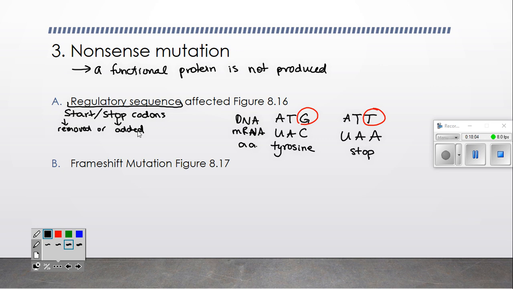Now the last one is called a frame shift mutation. In a frame shift mutation, we either insert or delete one nucleotide. When that happens, it causes every other nucleotide to shift.